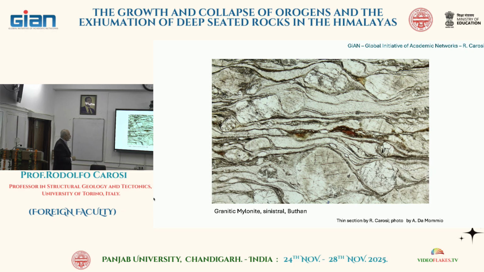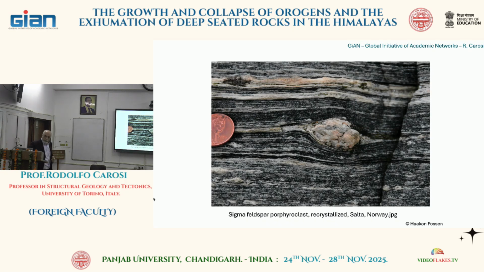So you should take care to observe porphyroclasts that are free to rotate and pay attention not only to one porphyroclast but to several porphyroclasts or several other kinematic indicators, because especially when there is a component of pure shear, you can have also rotated porphyroclasts in the opposite direction. So only one may be confusing. Two are very, very few. You need to use dozens of porphyroclasts.